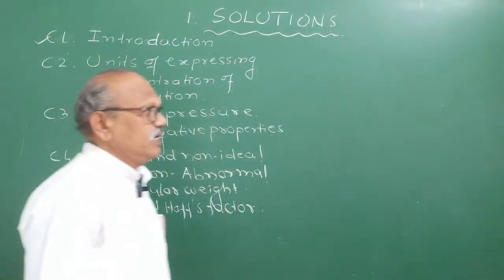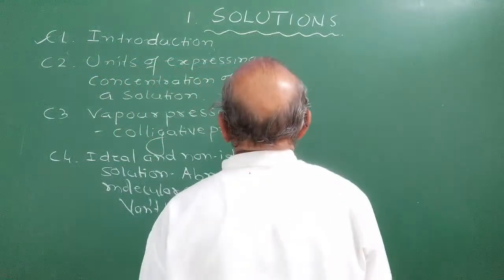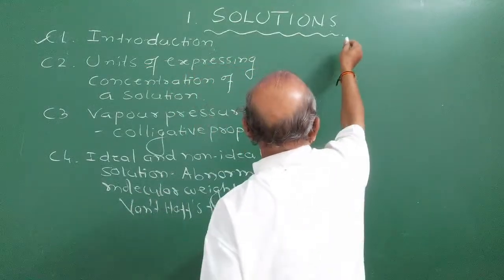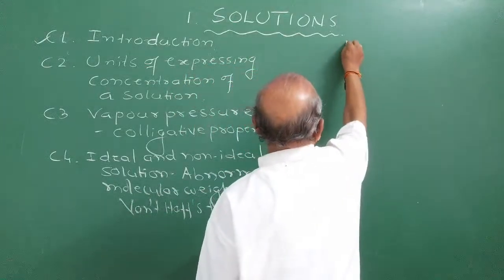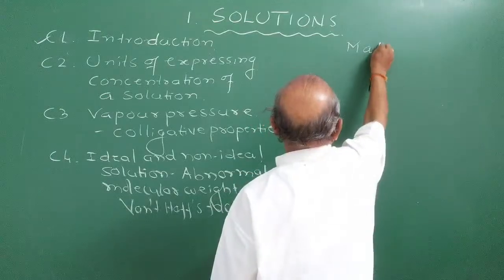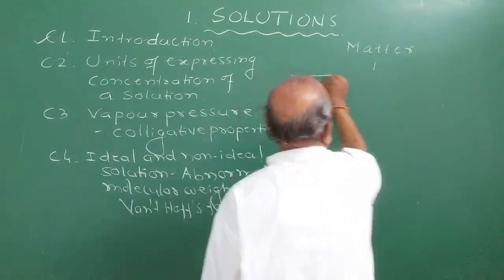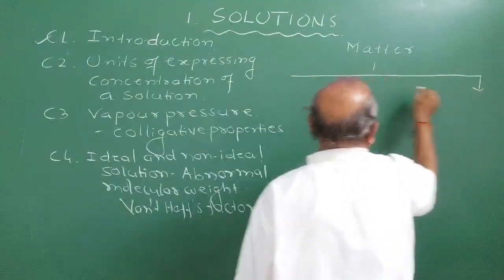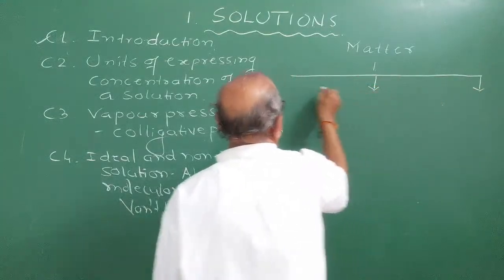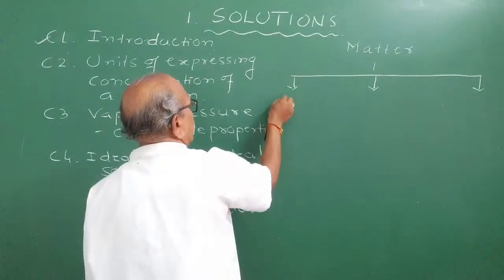First of all, let us try to understand. We said that in chemistry, matter is classified into 3 types. While studying chemistry, matter is classified into 3 types. And those 3 types are element, compounds, and mixtures.